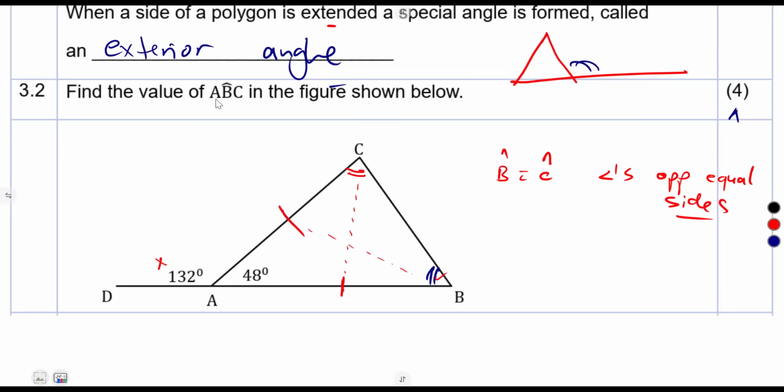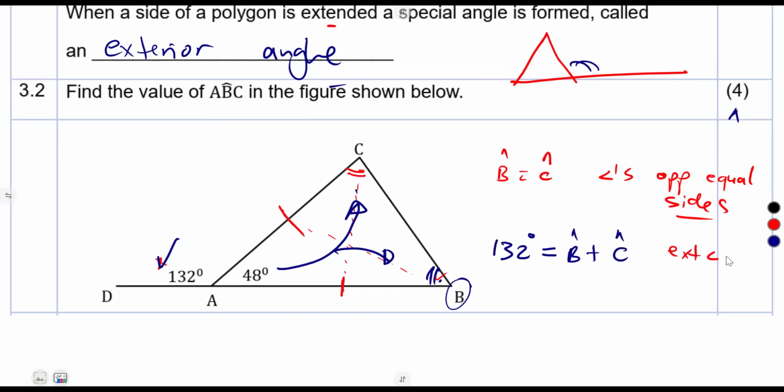Let's say here we want to calculate angle ABC. So ABC, that is, we're talking about angle B. So we can use the exterior angle 132 degrees to be equal to the sum of the opposite interior angles, it was going to be angle B plus angle C. All right, exterior angle being equal to what? Exterior angle equal to sum of opposite interior what? Angles. So as we stated that angle B and C, they are equal. So in place of angle C, I can use what?